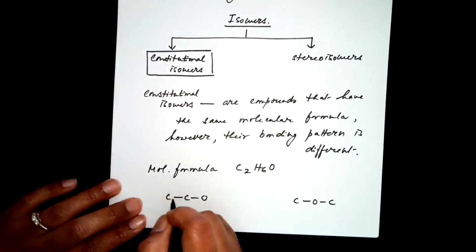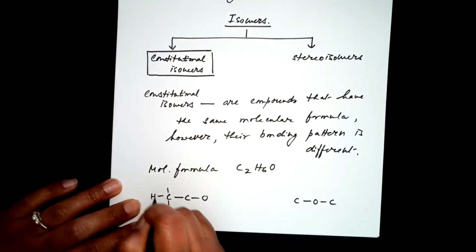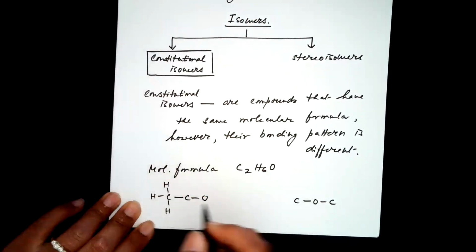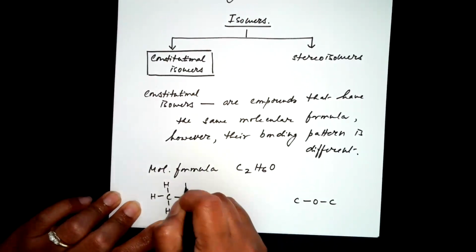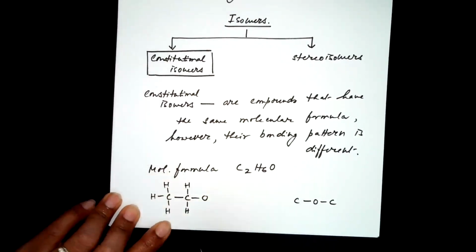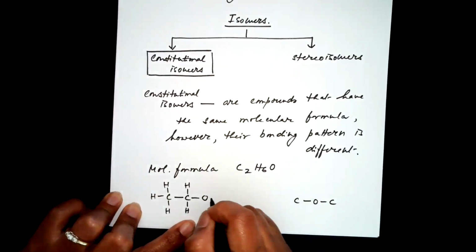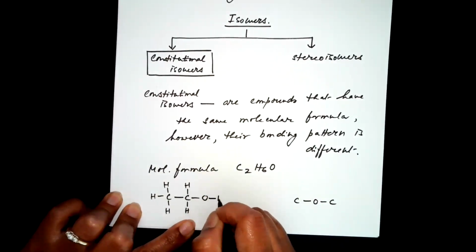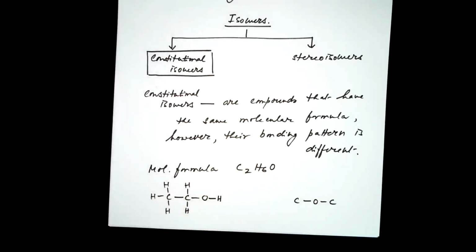So my first carbon already has a bond, needs 3 more, and all of these are hydrogens. The second one has 2 bonds. We know carbon likes to make 4 bonds when it's neutral, so the remaining 2 must be with hydrogens. And then oxygen in its neutral state likes to make 2 bonds. One was already there, so the other one must be with the hydrogen.